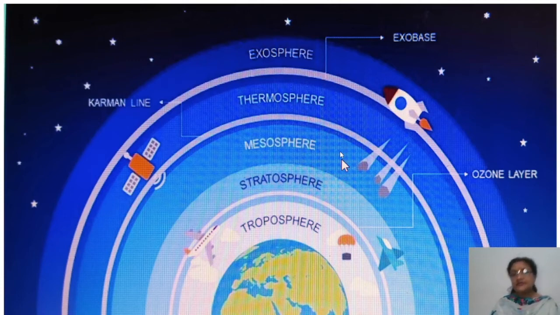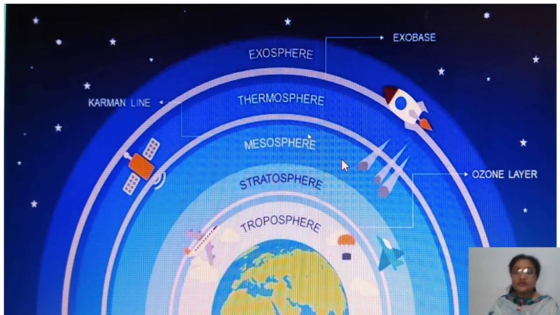Now, after the Mesosphere, as we again move further upside, what is the end of Mesosphere called? This is Mesopause. Okay. What is Stratopause? Stratopause is separating stratosphere and mesosphere. Same way, what is Tropopause? Tropopause is separating troposphere and stratosphere. Right?